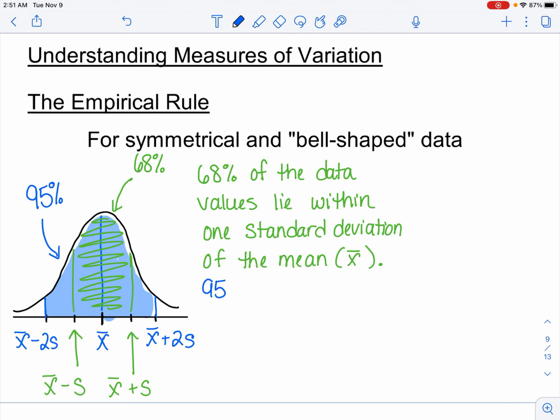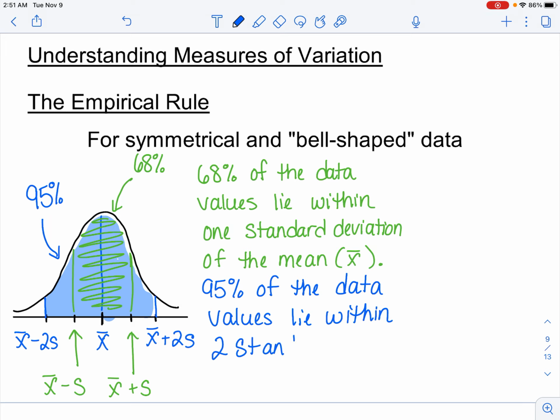So 95% of the data values lie within 2 standard deviations of the center. So 2 standard deviations of the mean. Again, X bar. Oops, that looks a little funky. Let's fix that real quick.